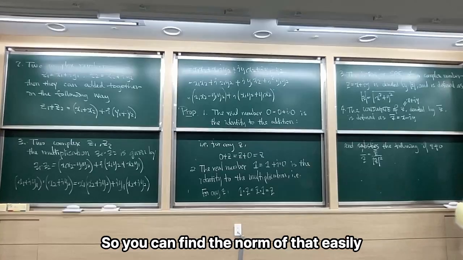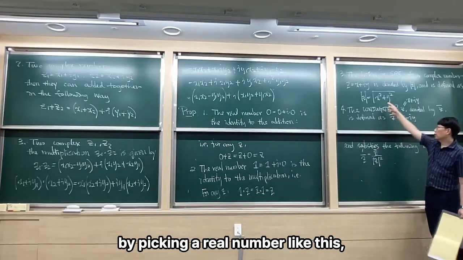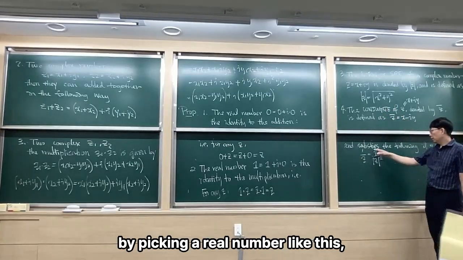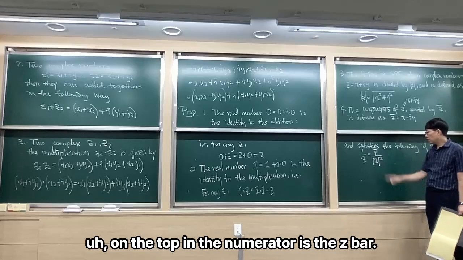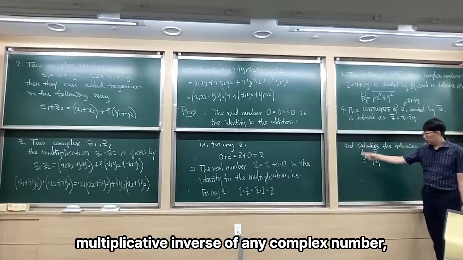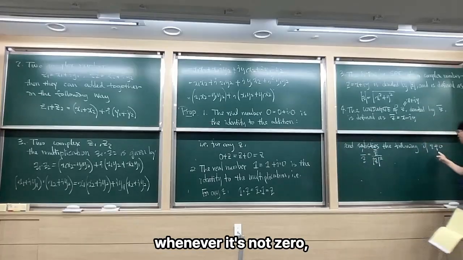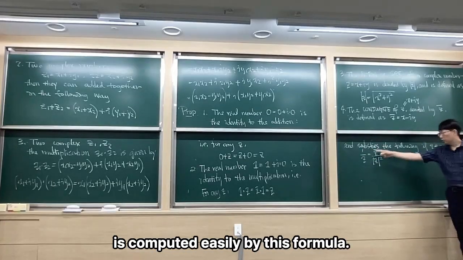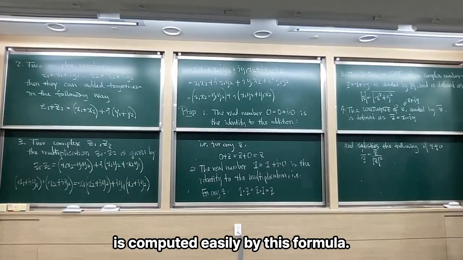So you can find the norm of z easily by taking a real number like this. And what goes on top, in the numerator, is the z bar. So your multiplicative inverse of any complex number, whenever it's not 0, is computed easily by this formula.